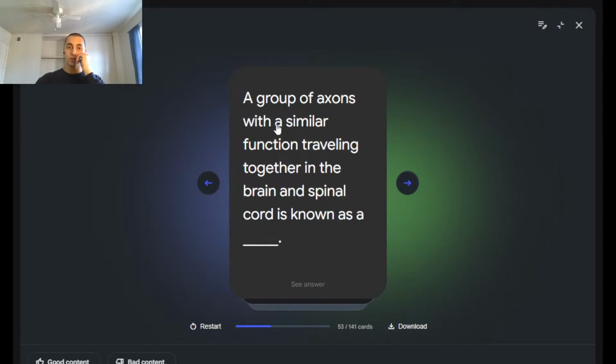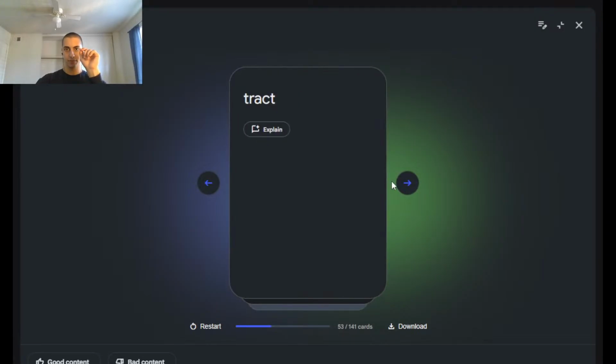A group of axons with a similar function traveling together in the brain and spinal cord is known as a tract. Yeah.